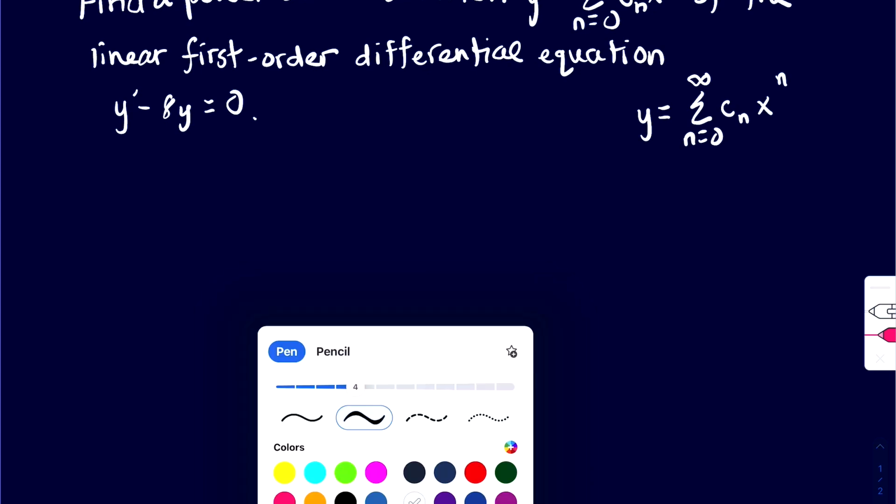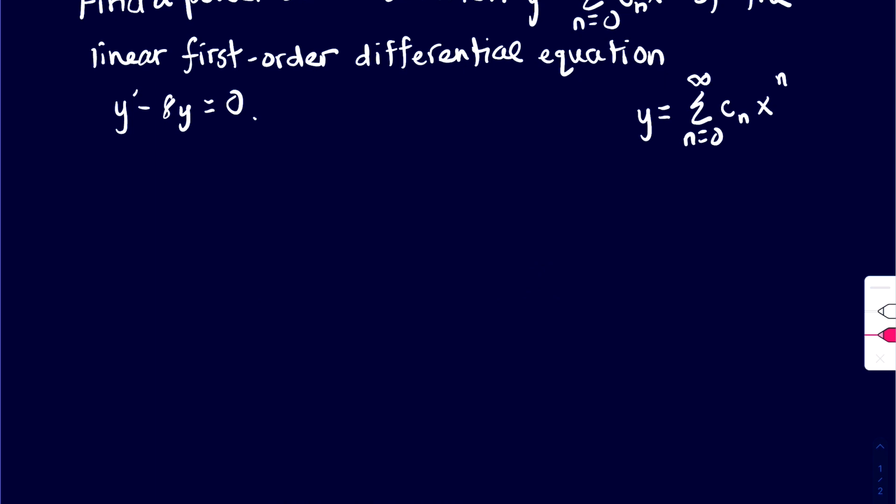Now we need to find y prime. And so y prime will start at 1 and we'll have n times c sub n times x to the n minus 1.